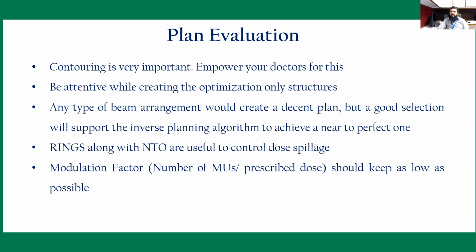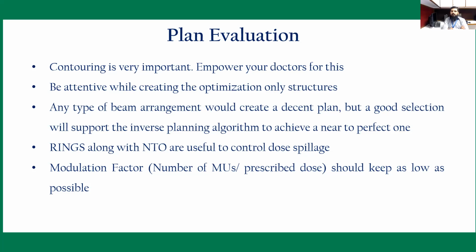The number of MUs is very important when we are making a VMAT plan. If we consider the IMRT plan, there is a modulation factor, which is the ratio of the total MUs to the dose prescribed by the physician. In IMRT, if you are making head and neck plans, the modulation factor is around 6 to 7.